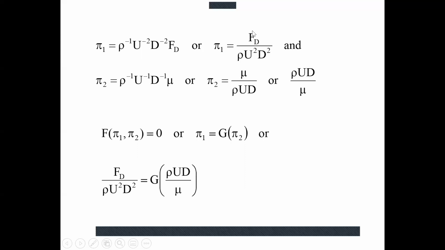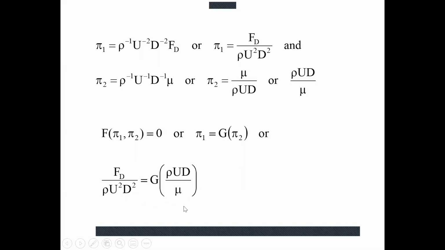As you see, we obtained two non-dimensional numbers that we already saw at the beginning. This means that this problem can be formalized like this: Fd divided by rho u squared d squared should be a function of the other pi term, rho u d over mu. That's it. We can represent our result like this.